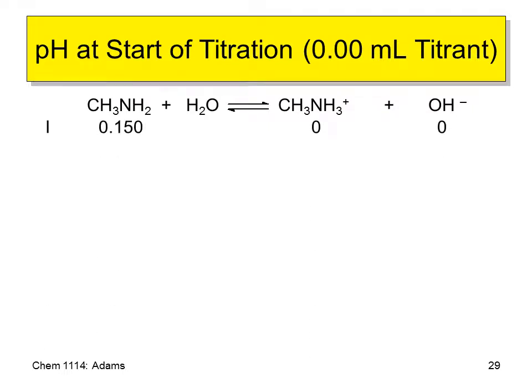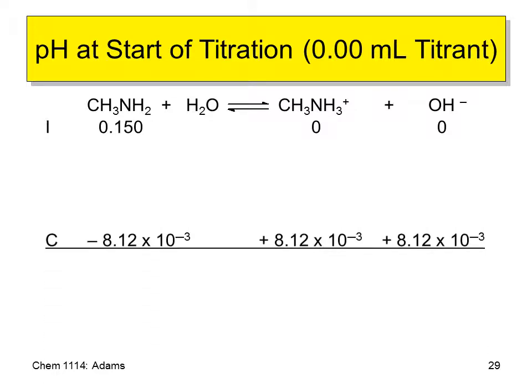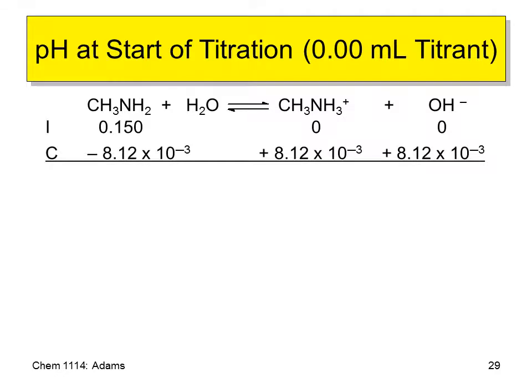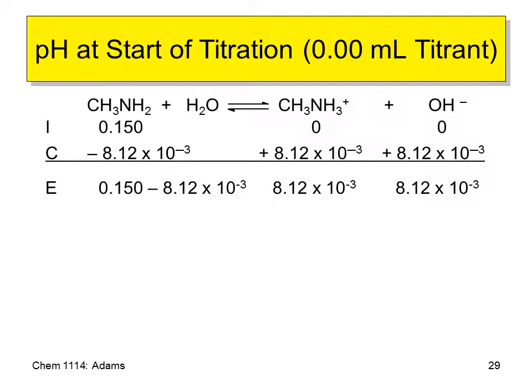I'm going to set up an ICE table. I know my initial concentration of the weak base is 0.150. And I just calculated in the previous slide the x, or the hydroxide ion concentration. Adding these together gives my equilibrium concentration.